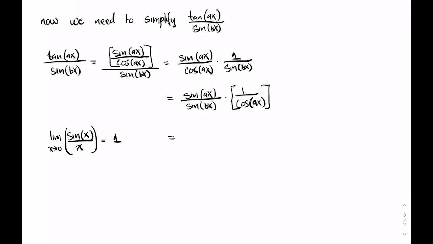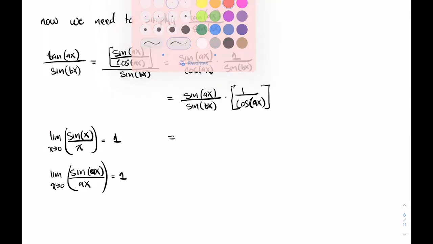So by extending this property, we should be able to recognize that the limit as x approaches 0 of sine ax over ax is also equal to 1. Okay? So now, this was our side note. We'll make a note of that.